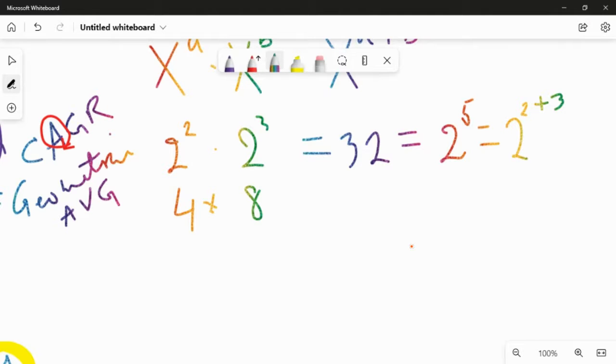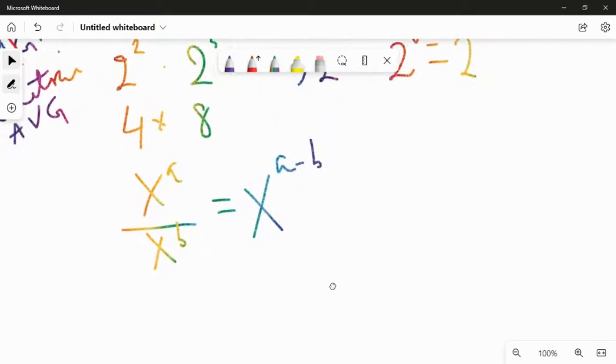Okay. The next thing is, if you have x to the a over x to the b, so same base, it's x to the a minus b. Also plug in a couple of numbers, and you can confirm that.